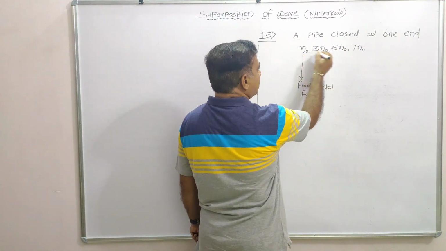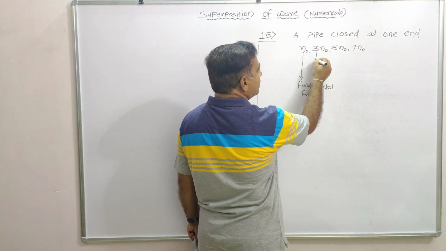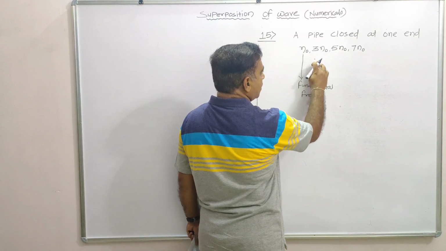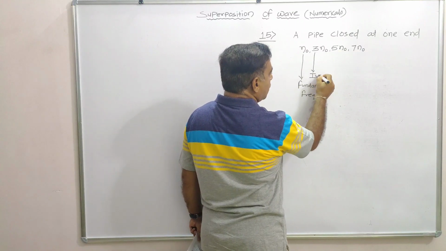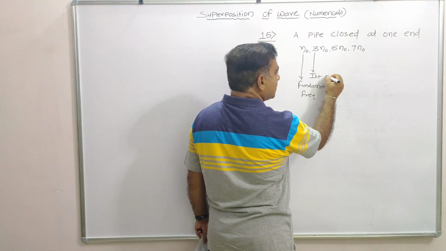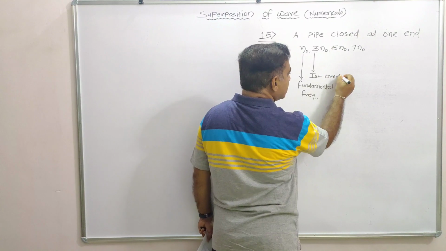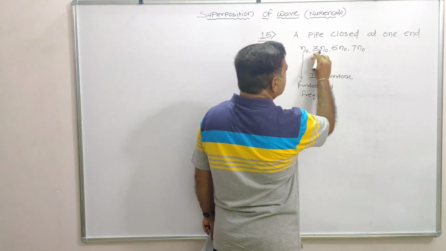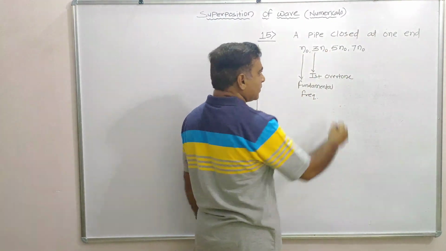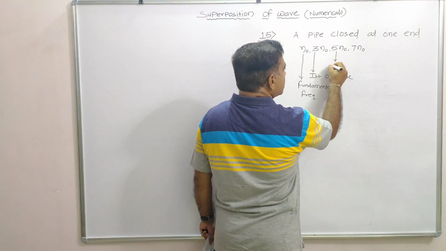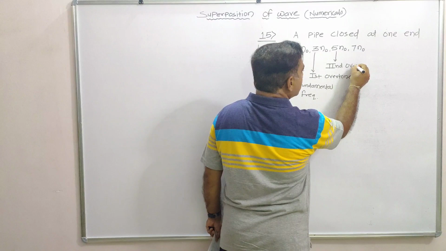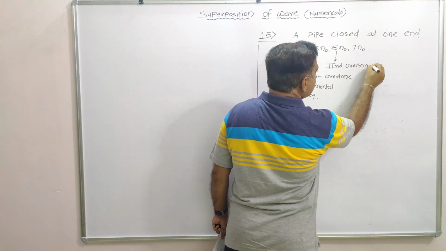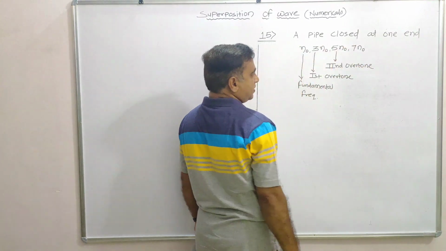After the fundamental frequency, we have the first overtone, which we can also term the third harmonic. The second overtone is the fifth harmonic.